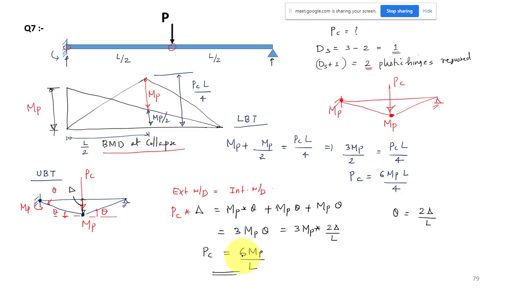The first case, let us take a simply supported beam. How to remember this? That is what I am explaining. We have derived all those things. First, a simply supported beam with a concentrated load W at the center. Second, one support is made fixed and the other is simply supported, a propped cantilever, with L by 2, L by 2.